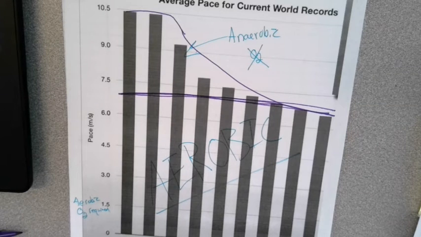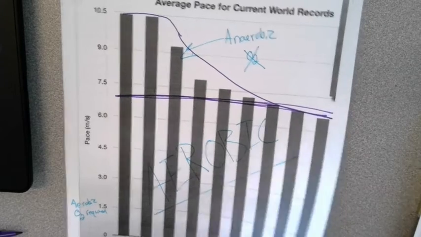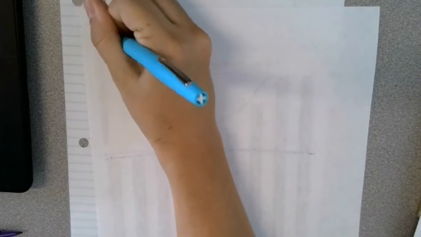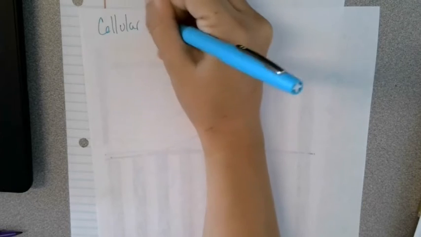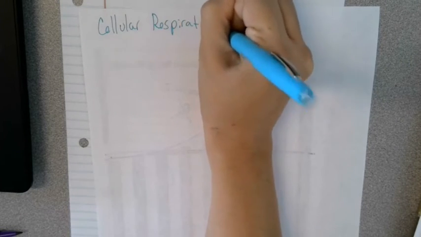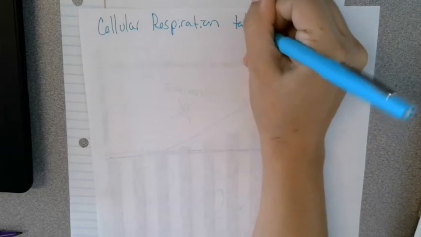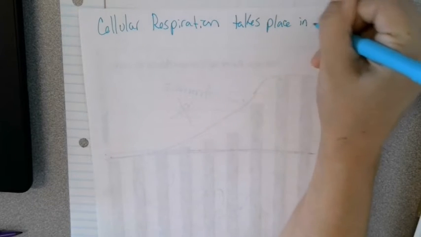So moving on from here, we're going to look at the definition of cellular respiration. I'm going to try and write this out as neatly as possible. Cellular respiration takes place inside the mitochondria.